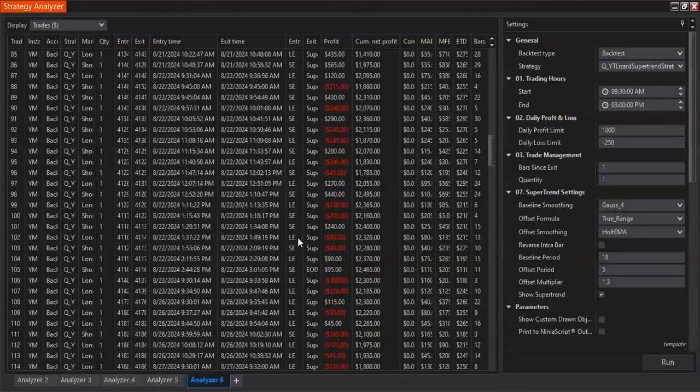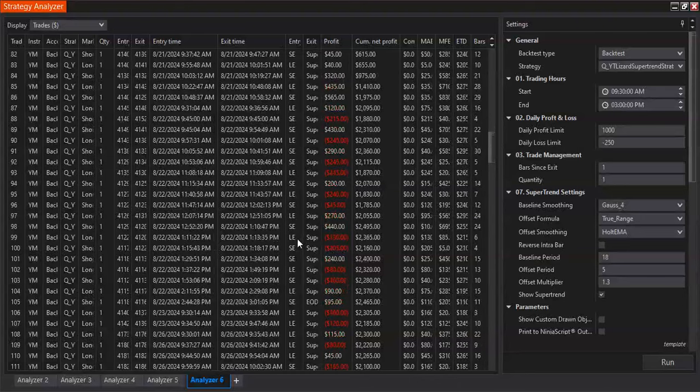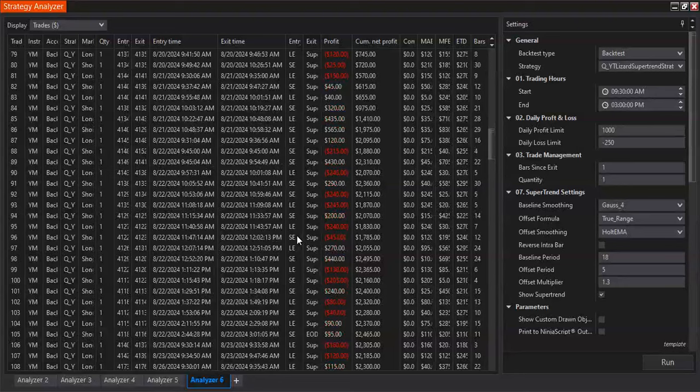So as you can see with this, it really keeps your trading and your money in order, so you don't have to worry about blowing your account by not having it set to a certain amount of loss each day or a certain amount of profit.